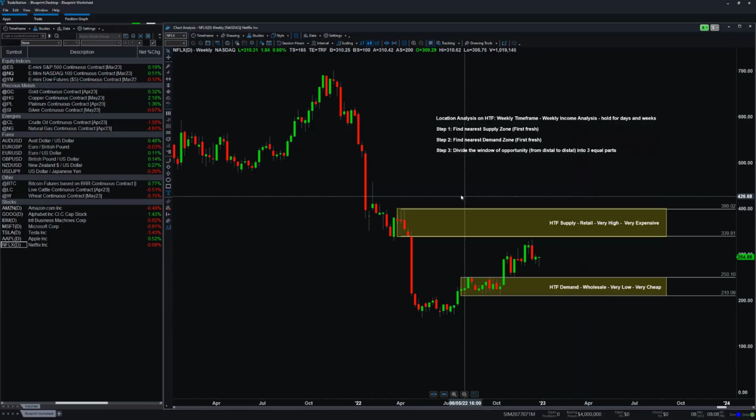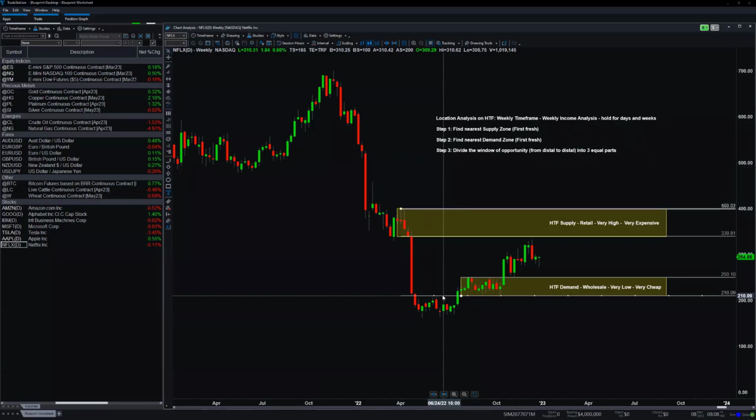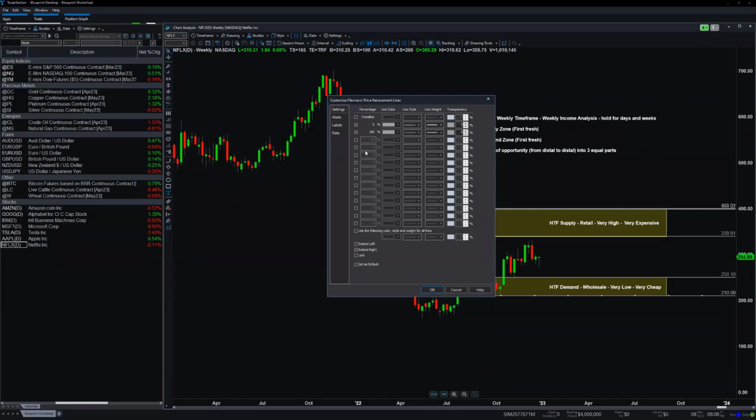Again, with the Fibonacci, Control F, I go from the distal of the supply to the distal of the demand. And now I double click on this Fibonacci. And what I can now do is add some more inputs. For example, I could add a 33 and a 66%.